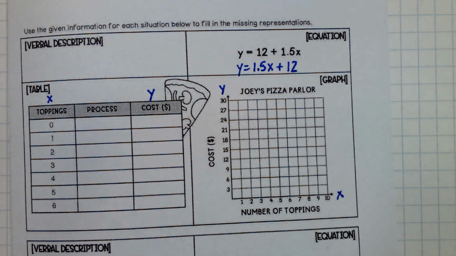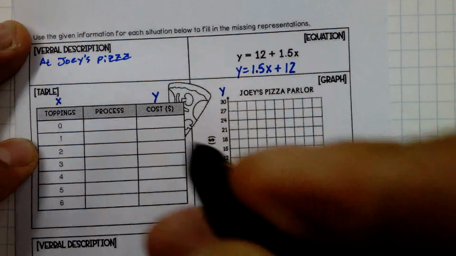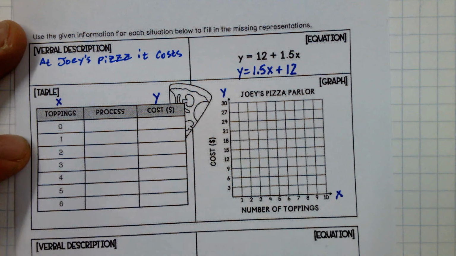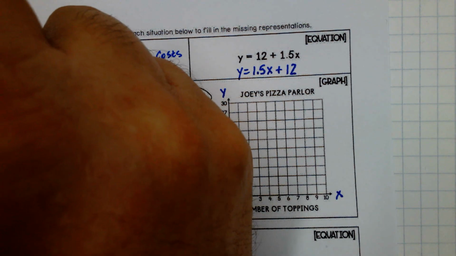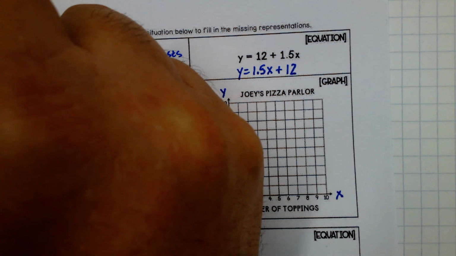Let's put it all together. Let's put together our description. At Joey's Pizza, it costs, let's start with a pizza. How much does it cost for the pizza? $12 for a pizza.